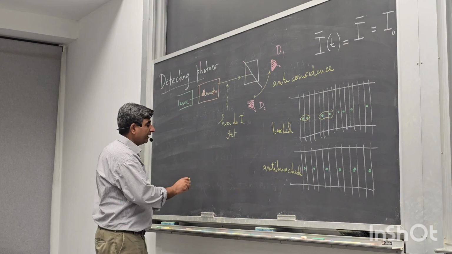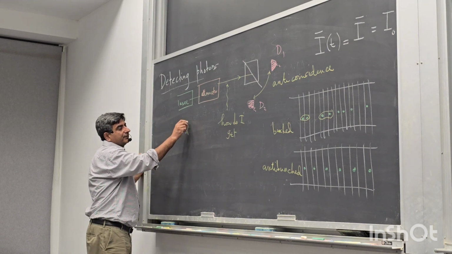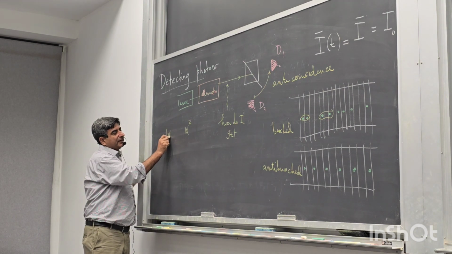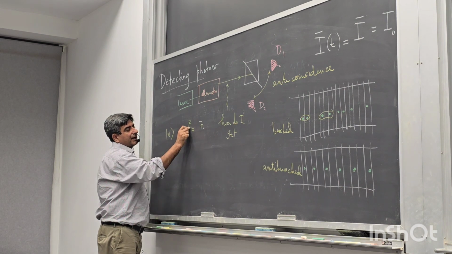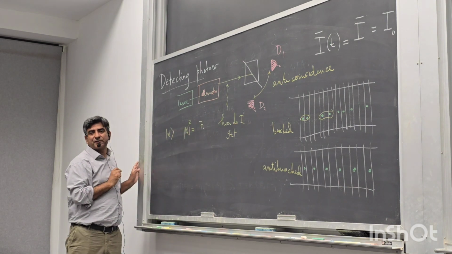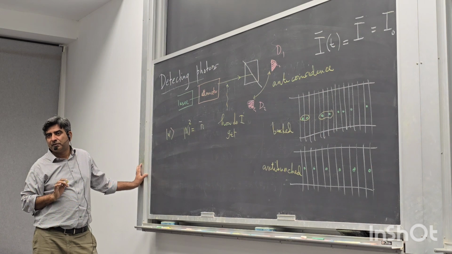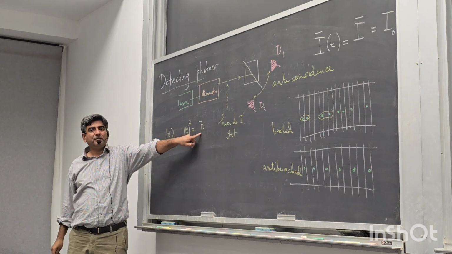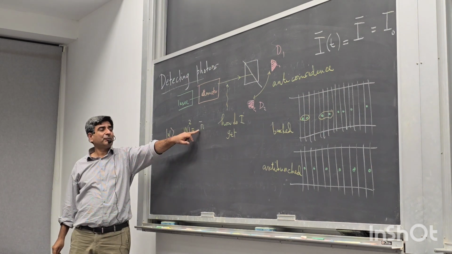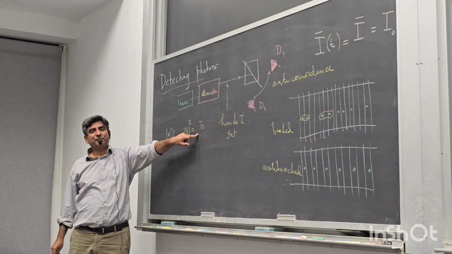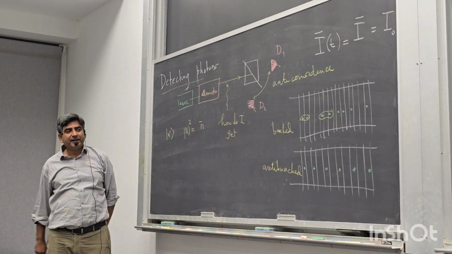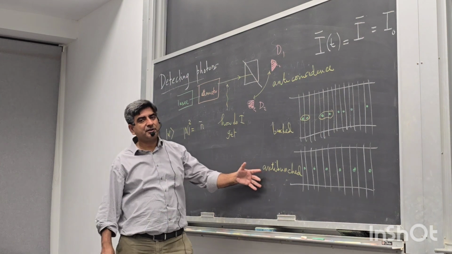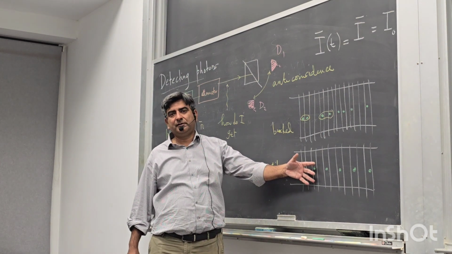We do know that for a coherent beam, alpha mod square is equal to the average number of photons. Right? So you can get a very small number here. You can get a number smaller than 1, 0.1, 0.2, 0.03. But still it remains a coherent beam, and it does not show anti-bunched characteristics.